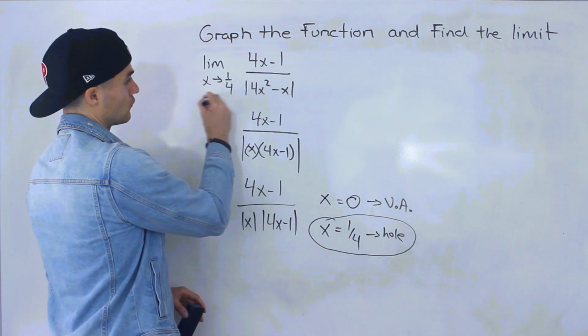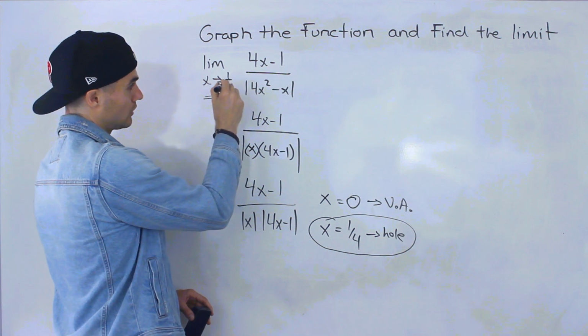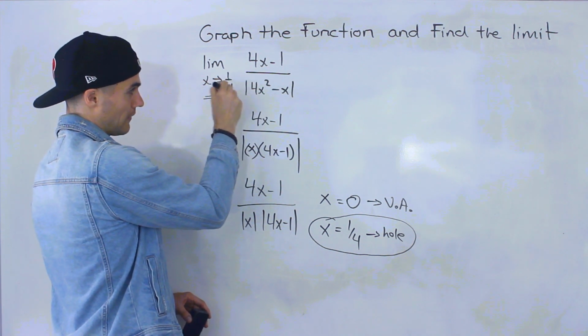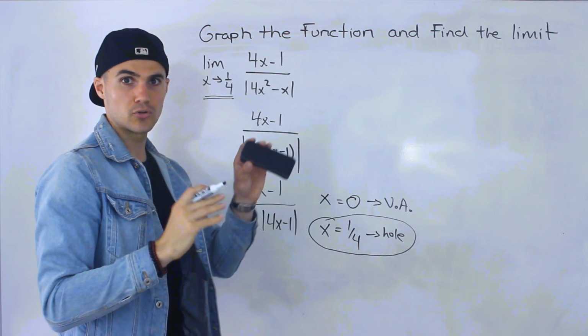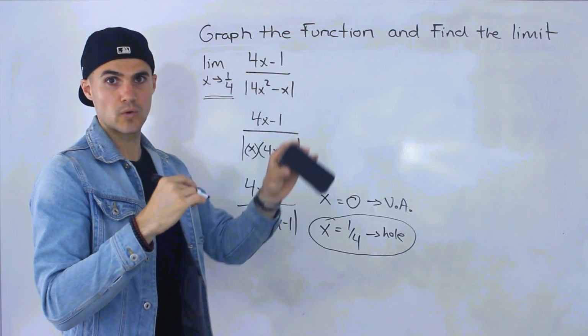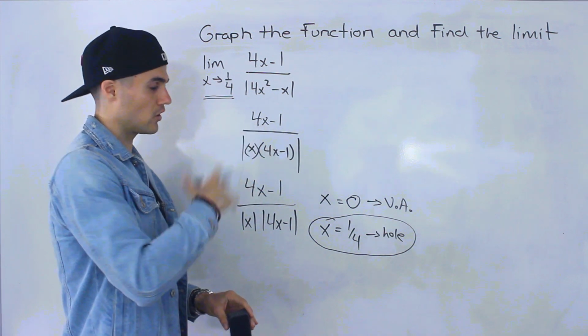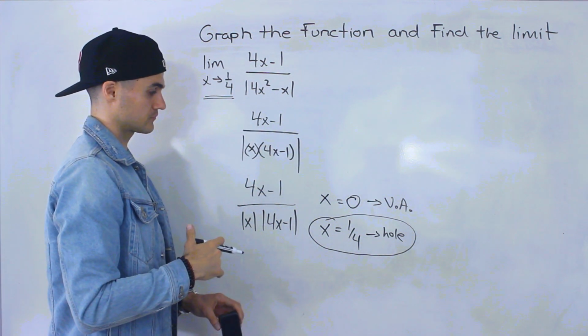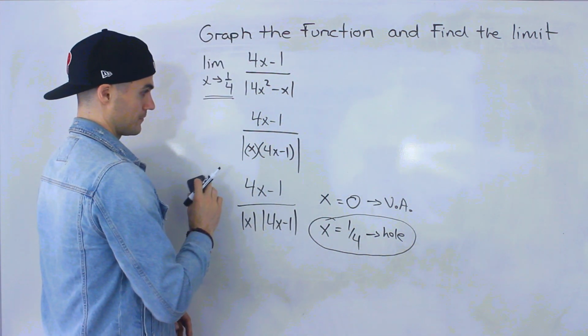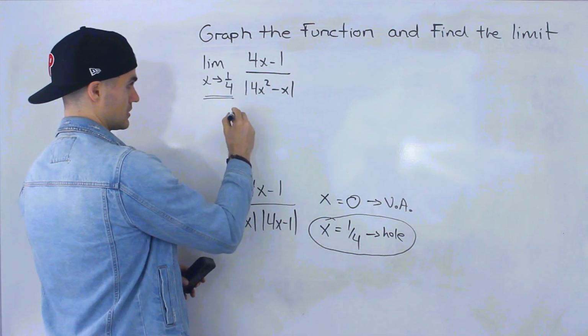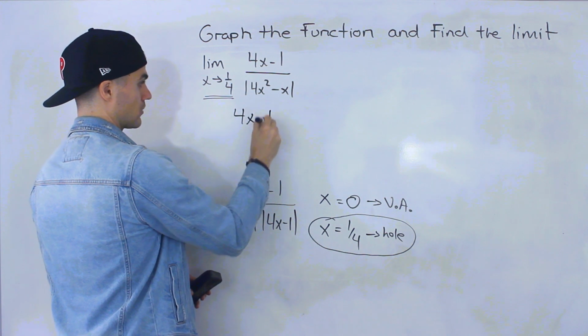But because for the limit, we're looking for what's happening with the function around that x value of 1 over 4, the piecewise function, I'm only going to deal with two pieces, when the function is greater than 1 over 4 and less than 1 over 4. And so I'm going to show you how to do that now. I'm going to take this actually, just in case I need more room. I'll write it up here.